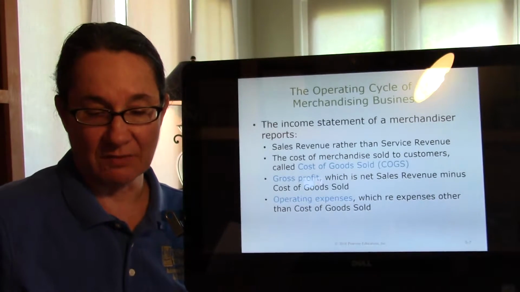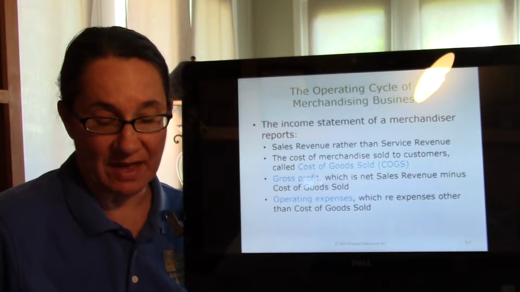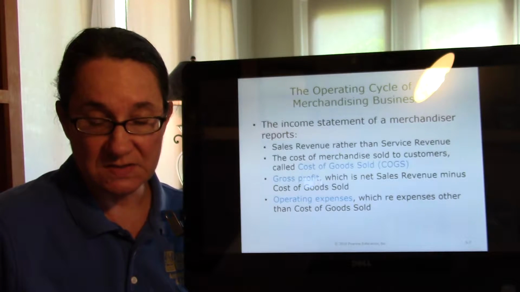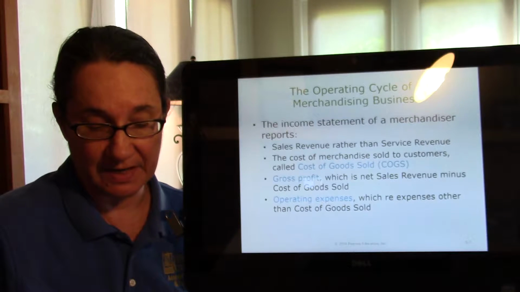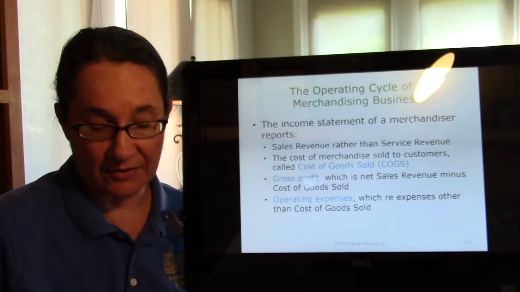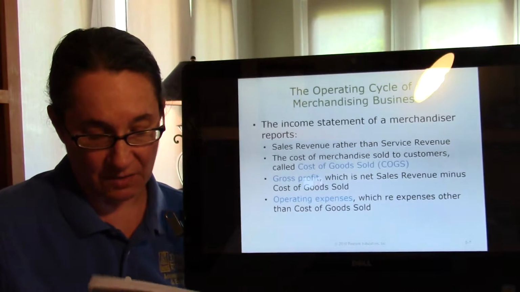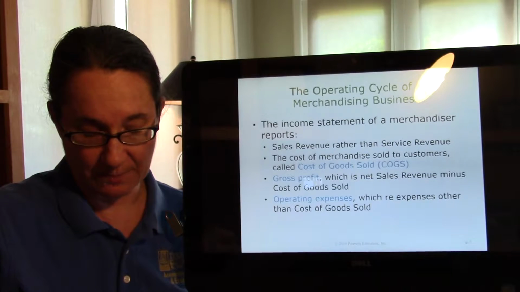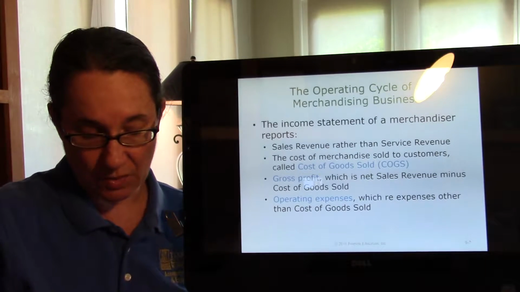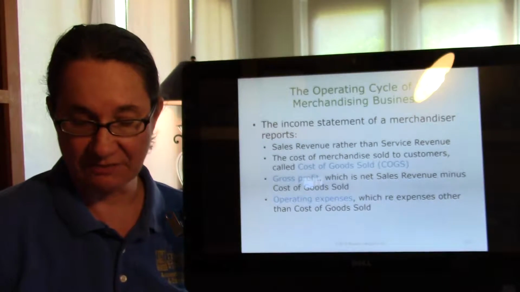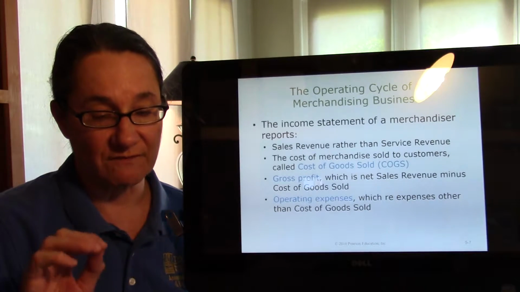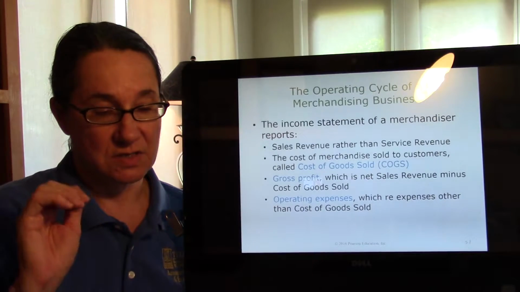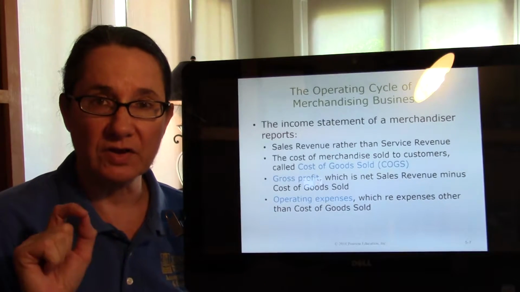Because the operating cycle of a merchandiser is different from that of a service company, the financial statements differ. The income statement of a merchandising company reports revenues using an account called sales revenue rather than the account service revenue. A merchandiser also reports the cost of merchandise inventory that has been sold to customers, or cost of goods sold, COGS. So you'll hear this called COGS.